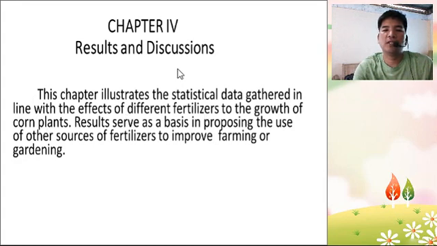So maybe this study is all about the effect of different fertilizers to the growth of corn plants. So that's why it was stated here. Results serve as a basis in proposing the use of other sources of fertilizer to improve farming or gardening. So this one is a simple introduction of the results and discussion of your study.